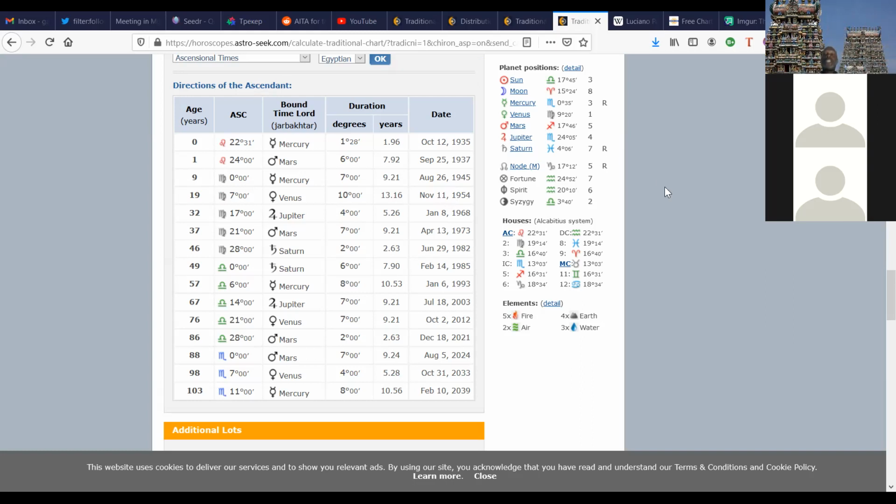Now here's the next thing. We're looking at 1971 for him, and we know that 21 degrees to 28 degrees Virgo is the term of Mars. We're looking for Mars, but we're also looking to see if there may be a partner.